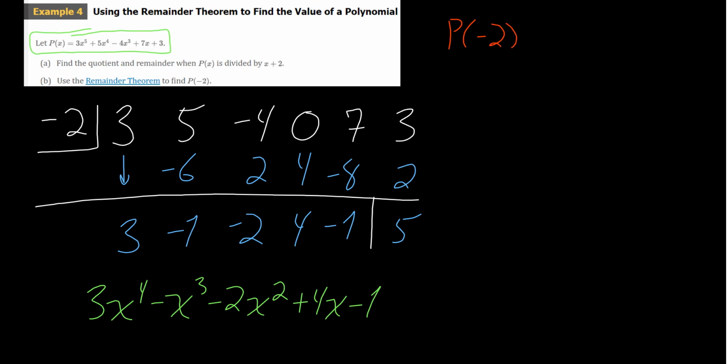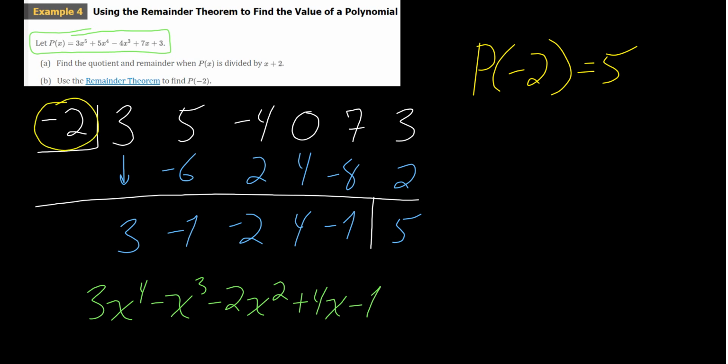We'll say P of -2 is equal to 5. So by the remainder theorem, if I evaluate my polynomial at that value, P of -2, then I will get the remainder. That's what the remainder theorem states.